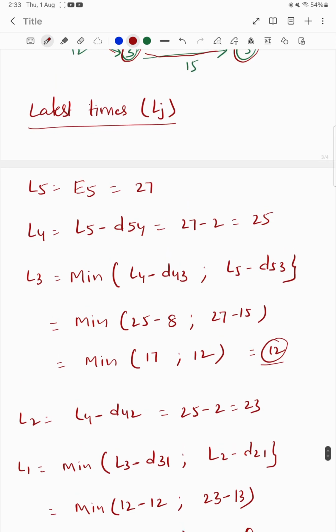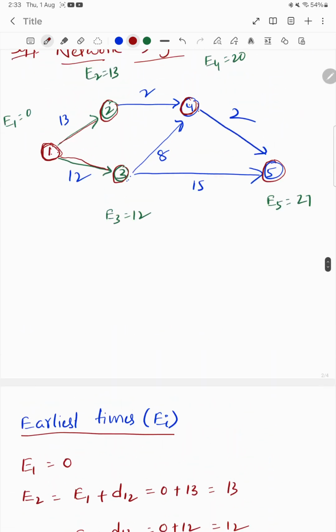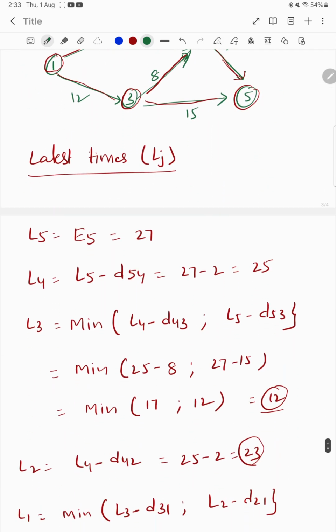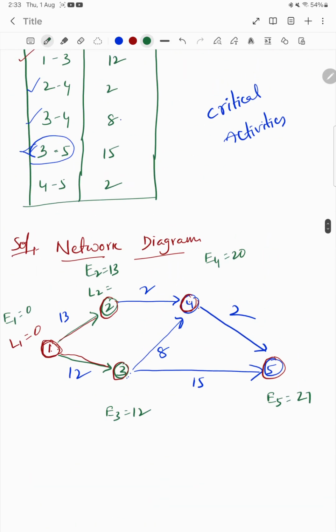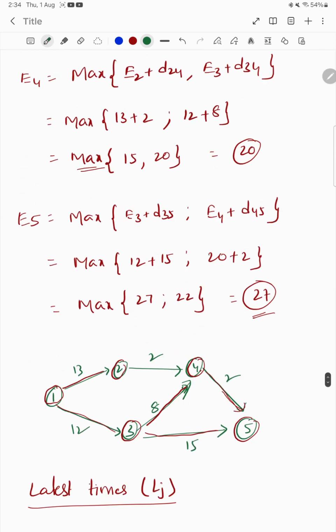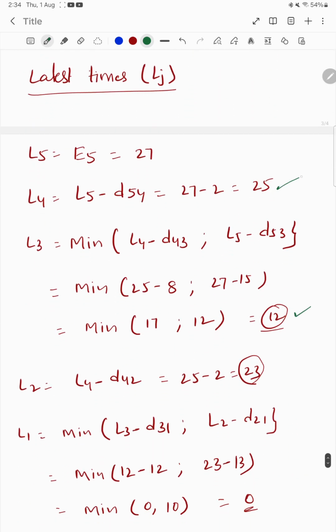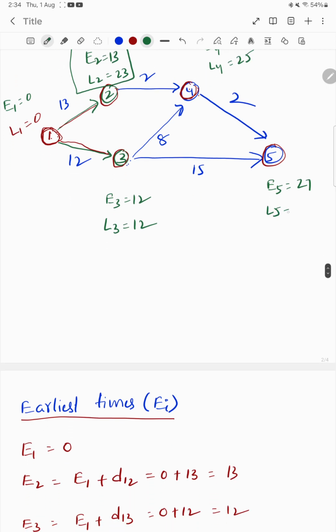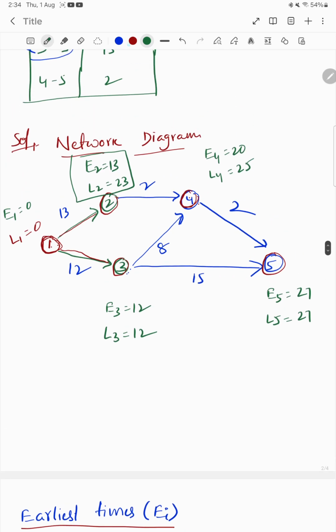L1 is 0, L2 is 23, L3 is 12, L4 is 25, and L5 is 27.